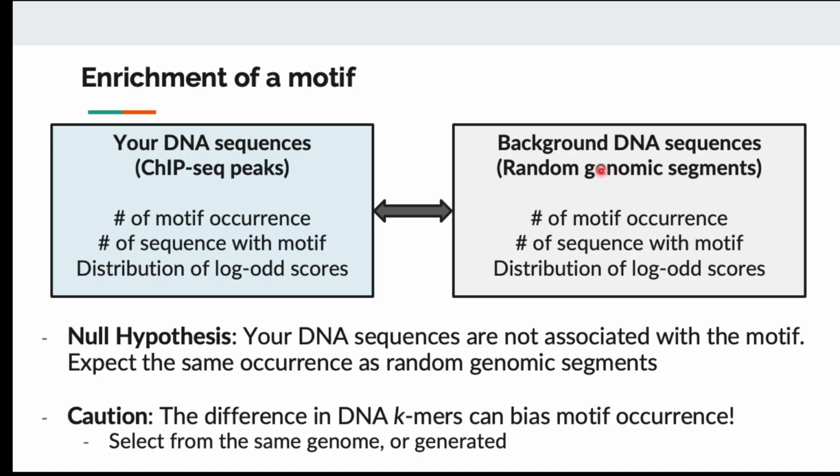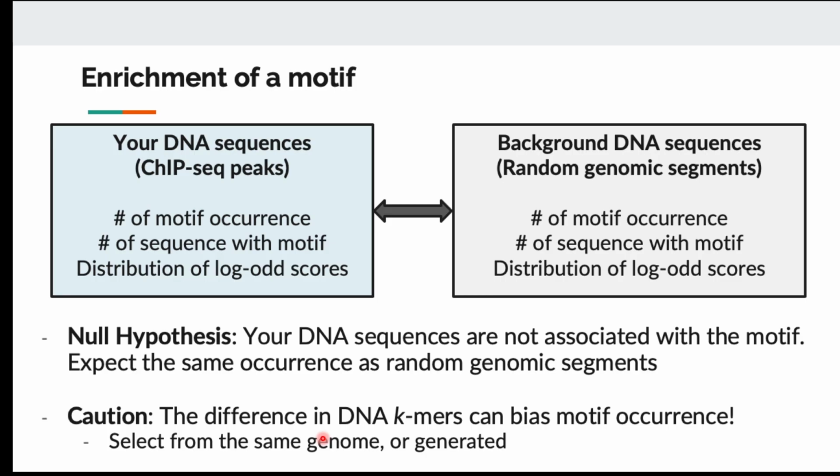When they generate the random genomic segments, they're going to try to control for the GC content and the nucleotide distribution so that you don't have any bias between the two data sets. For example, if you select random DNA segments from the same genome, you are probably controlling for the GC content to some extent, but it's not guaranteed.